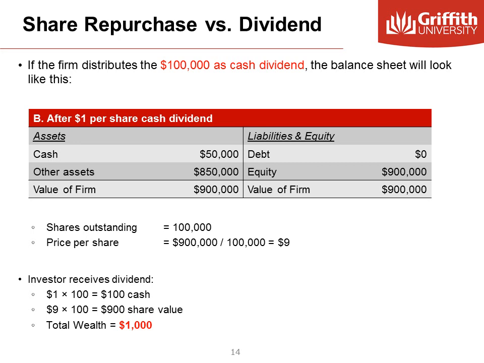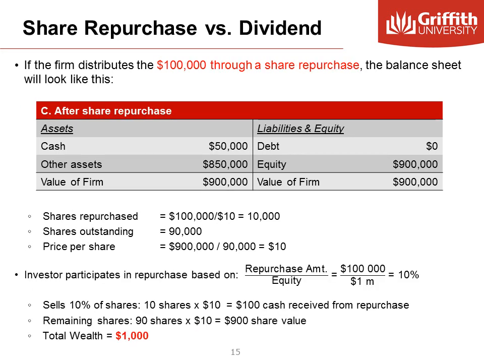If the investor who owns 100 shares receives the $1 cash dividend, his total wealth is $100 in the form of cash from the dividend and $900 share value, which comes from 100 shares multiplied by the value per share, which is $9. Overall, his total wealth is $1,000, same as before the dividend payment.